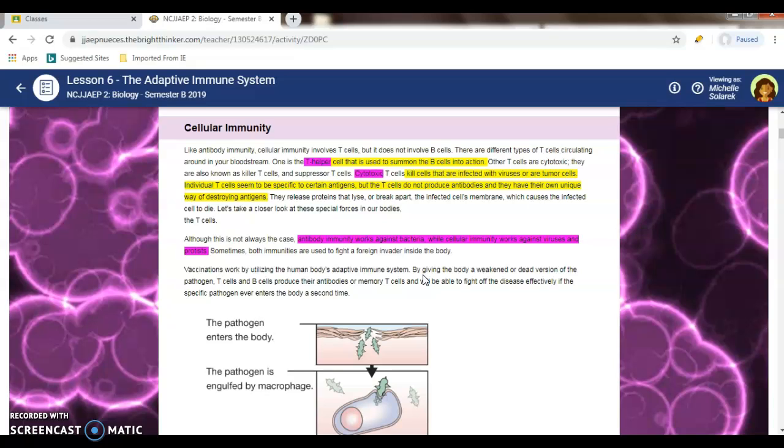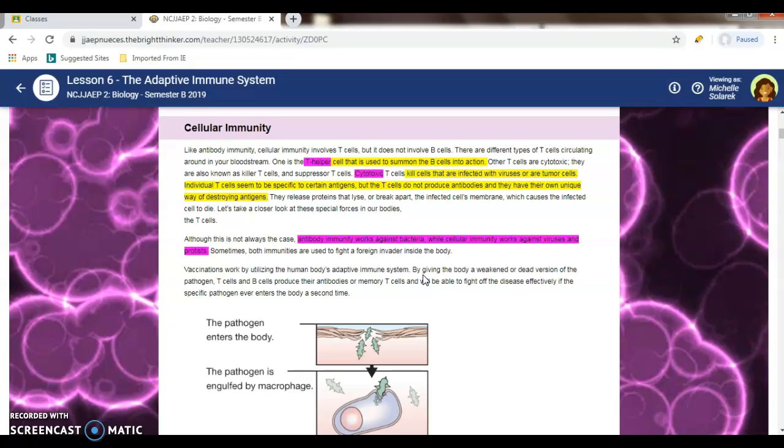Cytotoxic T cells kill cells that are infected with viruses or are tumor cells. Individual T cells seem to be specific to certain antigens, but T cells do not produce antibodies, and they have their own unique way of destroying antigens.